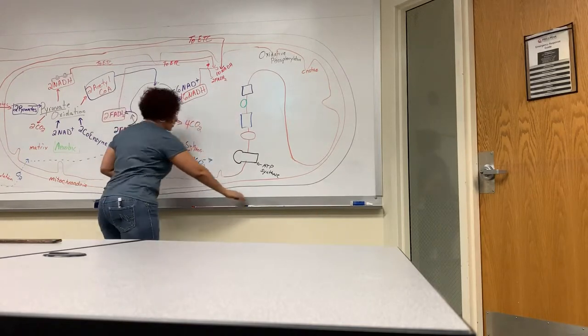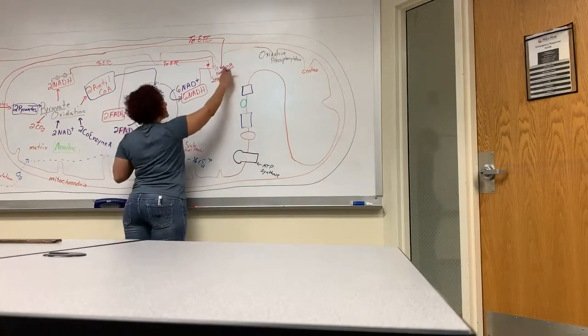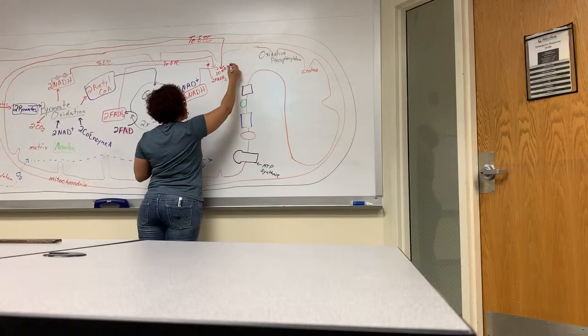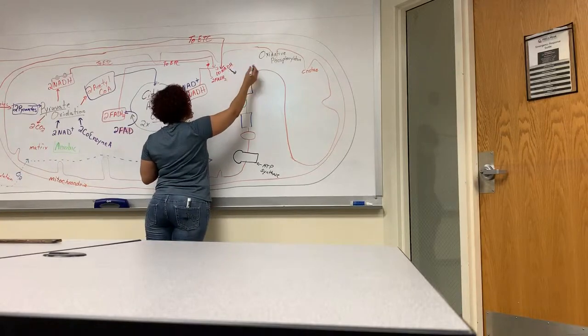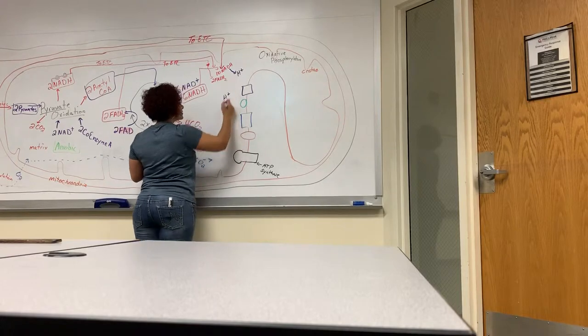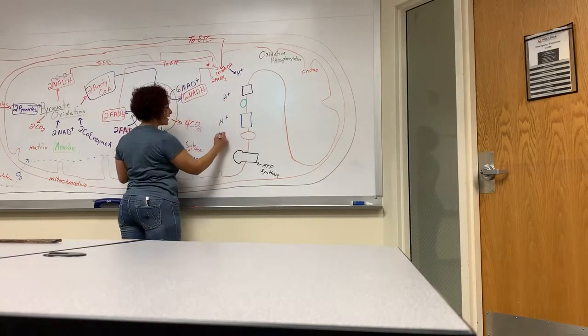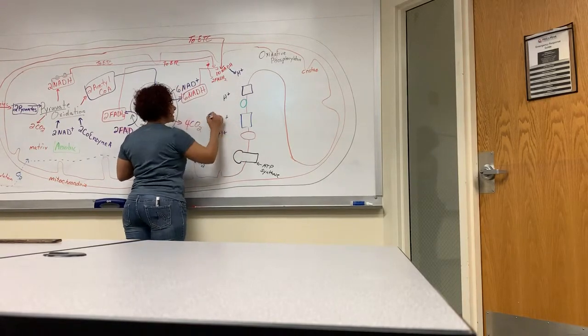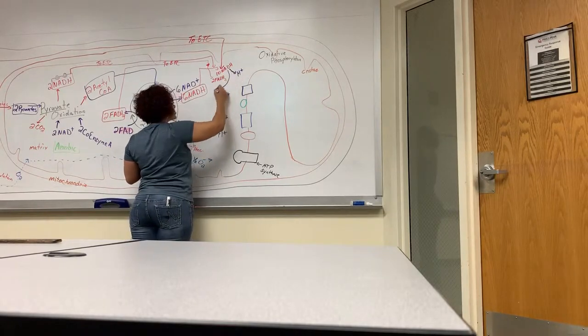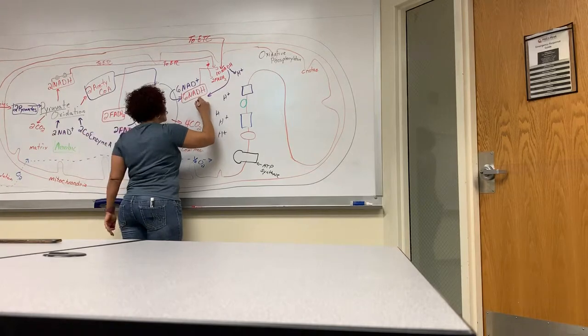Well, these electrons are going to come from these molecules, NADH and FADH2. So your NADH is going to release hydrogens, boom, boom, hydrogens. I'm just going to throw some hydrogens out here because we have a lot of hydrogens being released from your 10 NADH molecules. Your NAD plus is going to get recycled back over there.